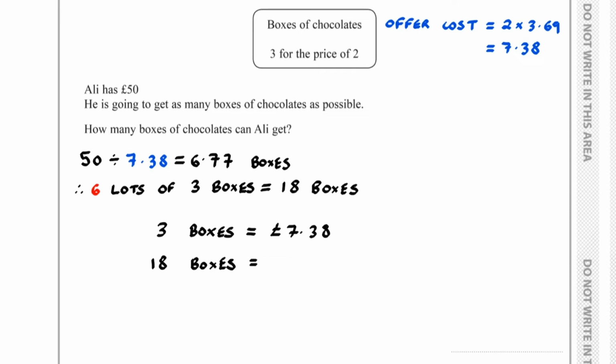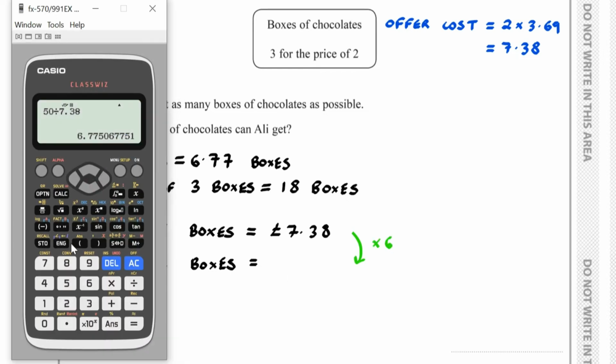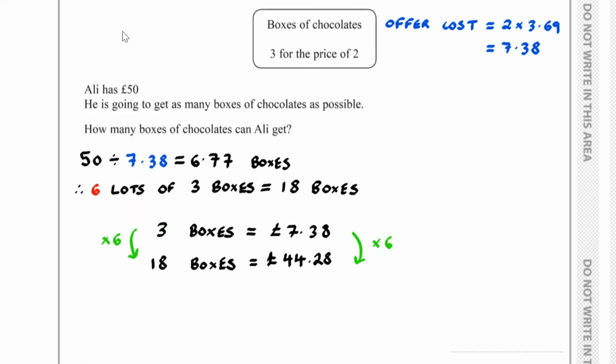So what I can do is find out the cost of this by multiplying by 6. So 7.38 times 6 is 44.28. So you can get 18 boxes and you will pay £44.28.